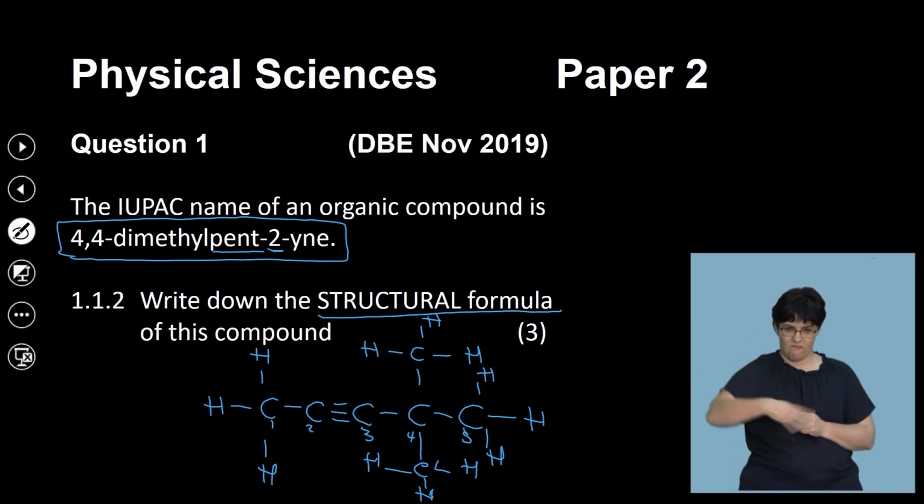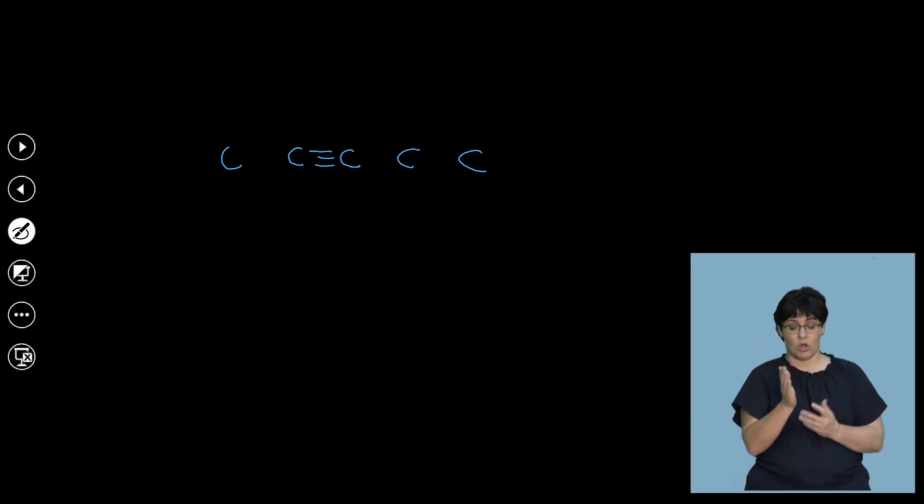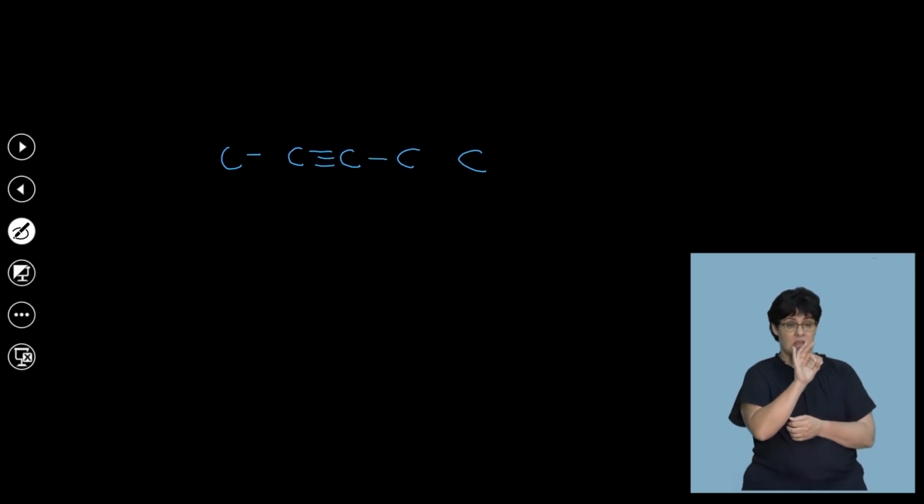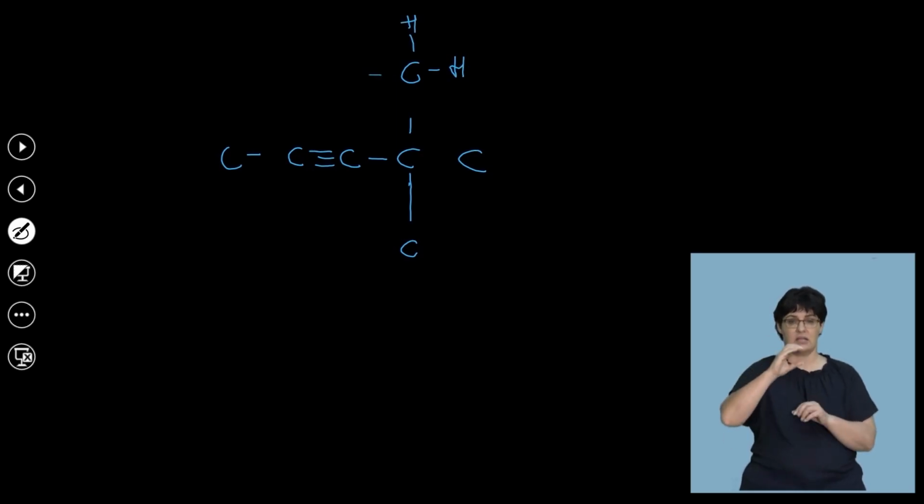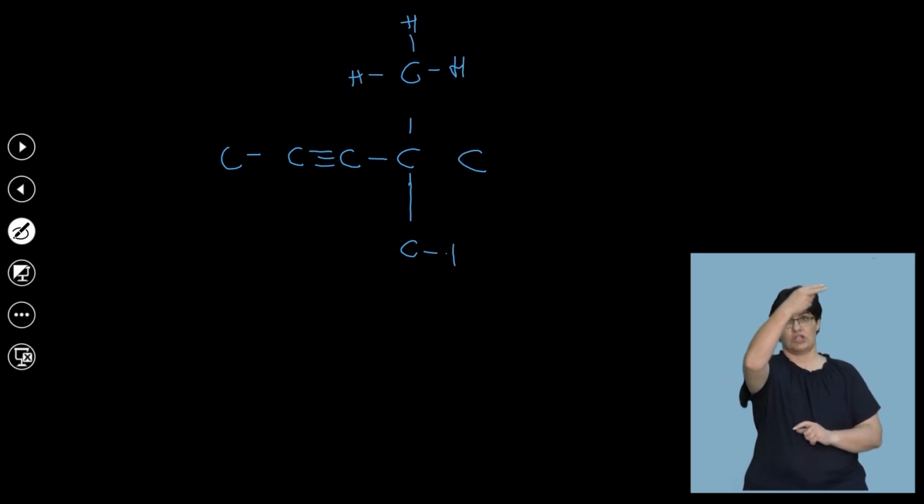So basically, if we go back, we'll say 1, 2, 3, 4, 5. Between number 2 and 3, we've got a triple bond. And then on carbon atom number 4, we've got 2 methyl groups as substituents or branches, as you'd refer to it.